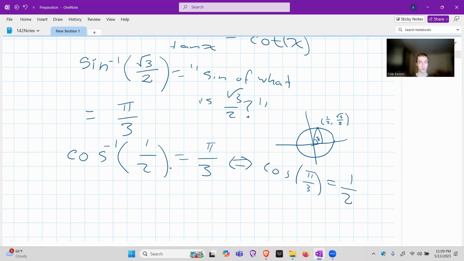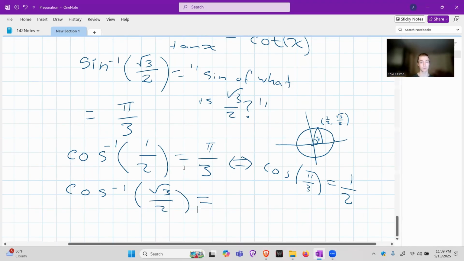Just by virtue of the question that it's asking, it's essentially the same as switching the inputs and outputs. Let's do one more. I'm going to use the same input that I used in the sine. So what's cosine inverse of root 3 over 2? That's saying cosine of what gives me root 3 over 2.